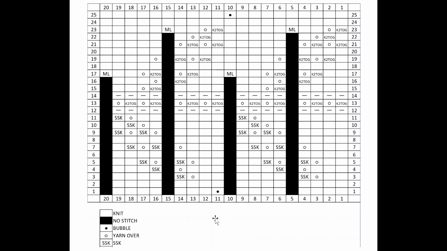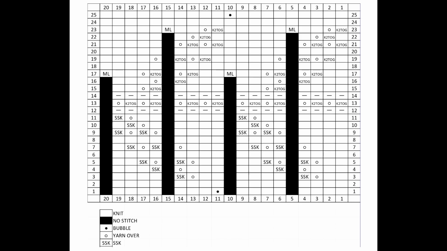So you have to make the bubble at the 9th stitch instead of the 11th. You know what I'm saying? So you will have 20 stitches at the end.